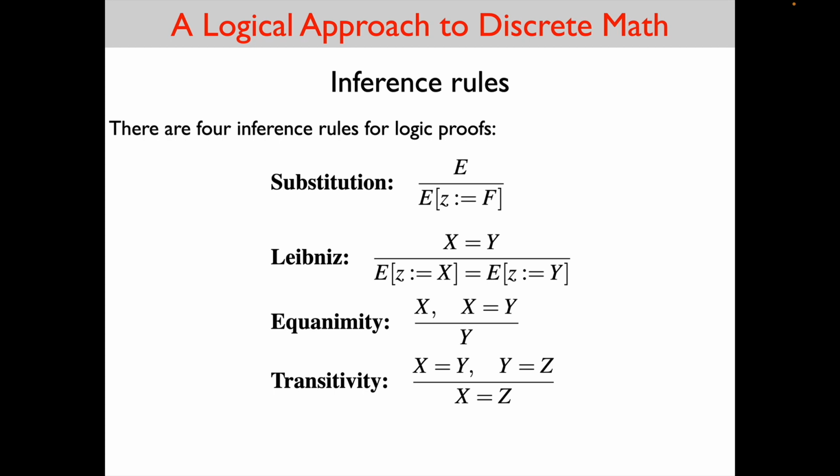So you see the 4 inference rules for logic proofs, 2 of them are in common with the 4 properties of equality. Both include Leibniz and transitivity. Those are very, very basic properties, so we'll just note that for now.